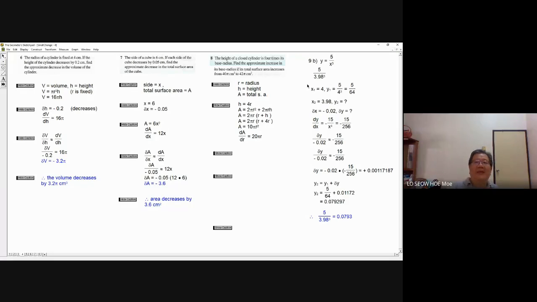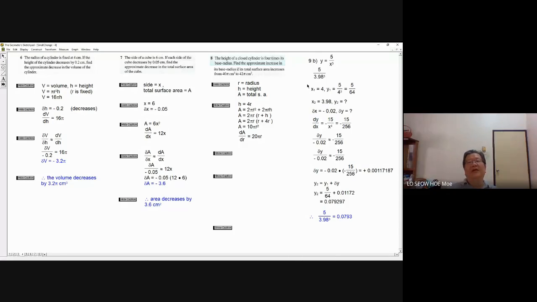The question tells you the surface area increased from 40 pi to 42 pi. That means they're telling you a lot of things. A1 is 40 pi, A2 is 42 pi, delta A is how many pi? 42 minus 40, 2 pi.